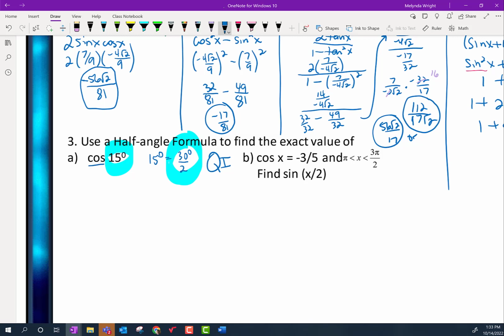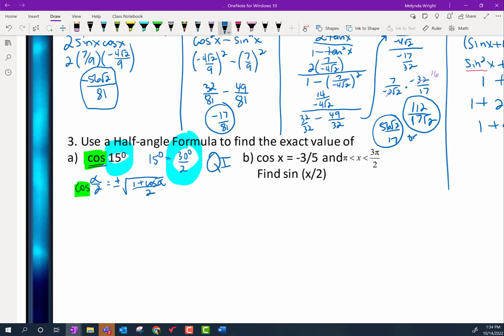This is the half angle formula we're using. We're using the cosine half angle. And I'm going to write that formula out. So that was cosine of alpha over 2 equals plus or minus the square root of 1 plus cosine of alpha over 2. So because we're in quadrant 1 and because cosine is positive in quadrant 1, we're using the positive version.